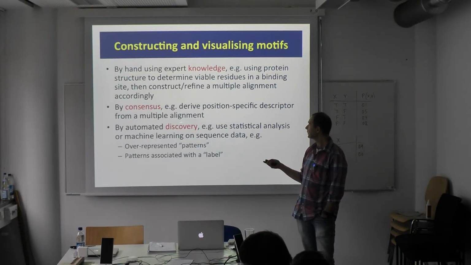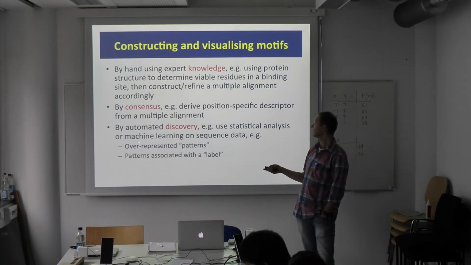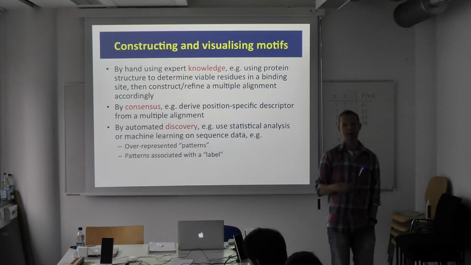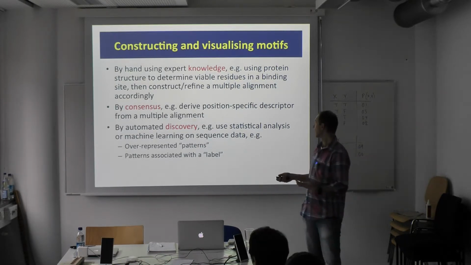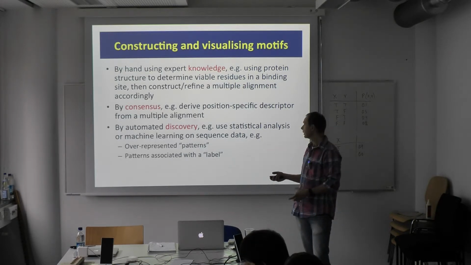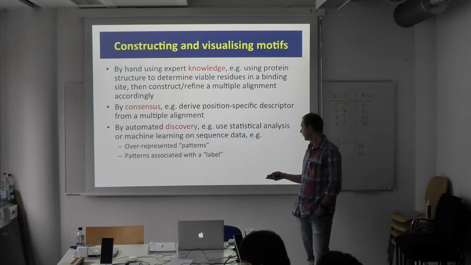And the latter here would be perhaps based on statistical analysis or machine learning. We deal with things such as overrepresentation. Statistically speaking, we'd like to identify the patterns that occur more often than we would expect by chance. So we look for statistical support, and then maybe identify the patterns that come up more often than they should.